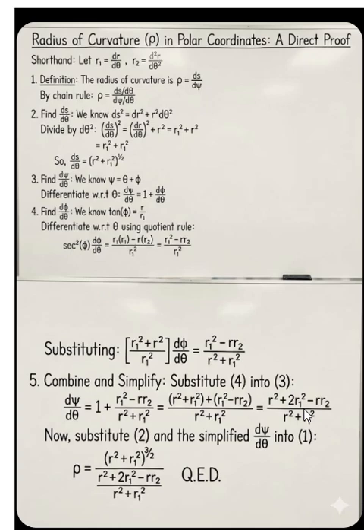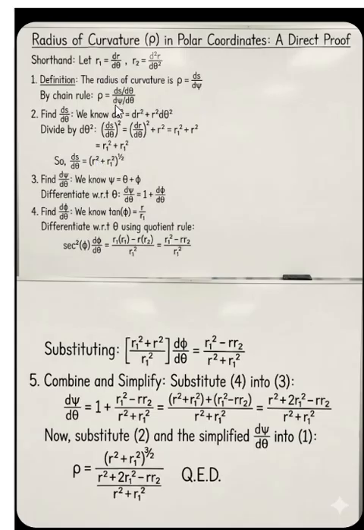But what we actually want is the radius of curvature. We already know that ds by d theta is r square plus r1 square whole raised to 1 by 2.